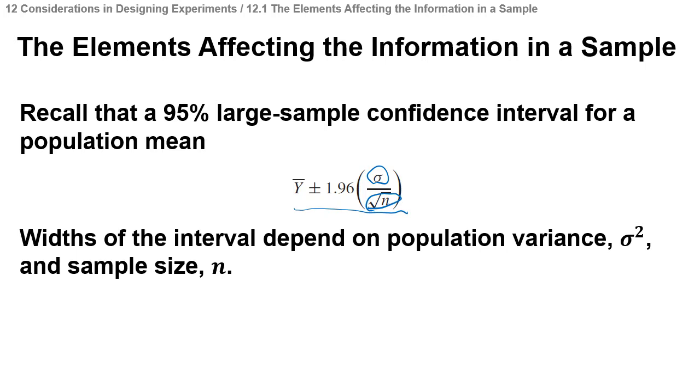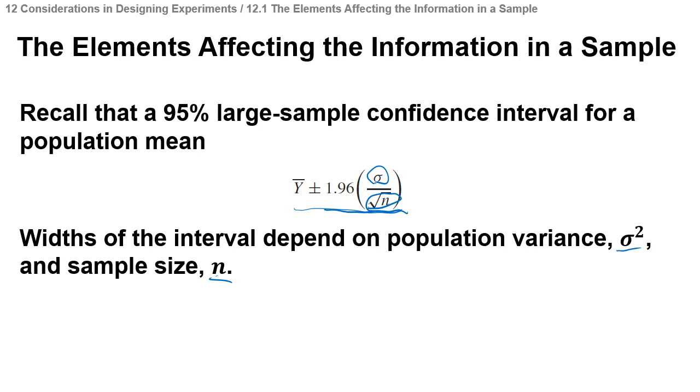So the width of the interval depends on the population variance sigma square and sample size n. If we have some controllable factors in the experiment, then one good way to design things is to set the experimental setting to minimize this interval.